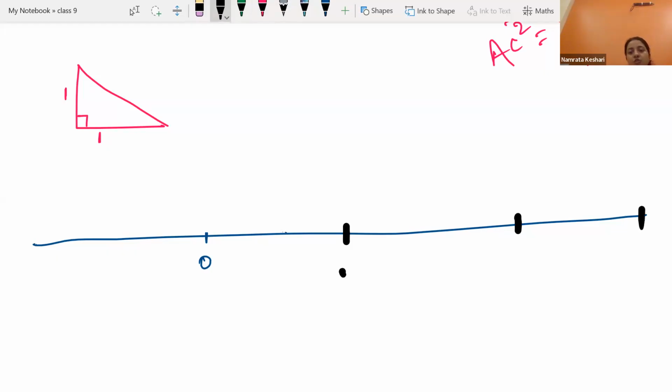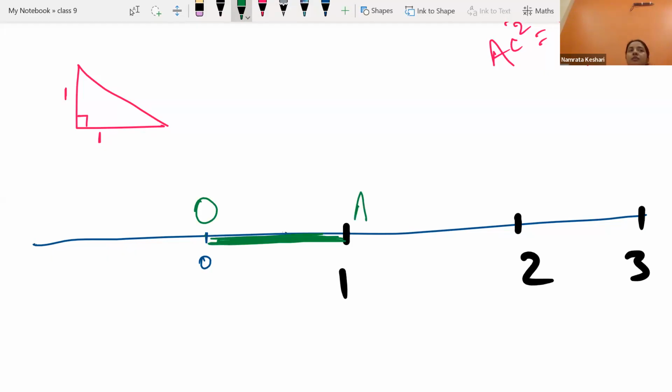Suppose this is 1, this is 2, this is 3. From 0 to 1, you are taking the base as 1. This 0 you are naming point O, and this 1 you are naming point A.